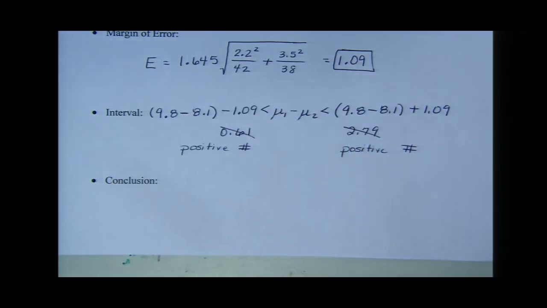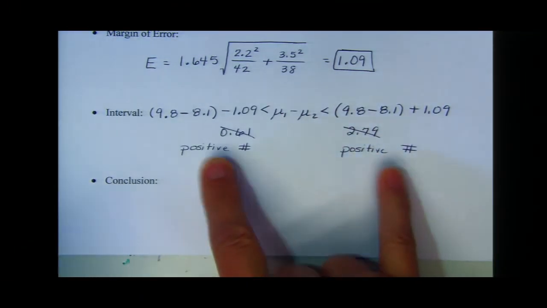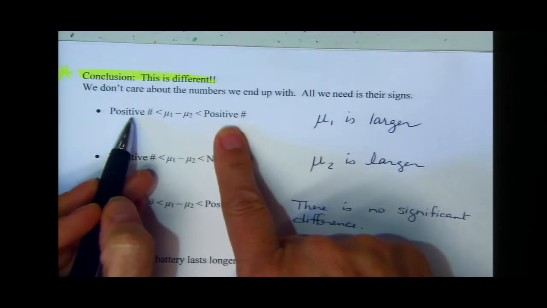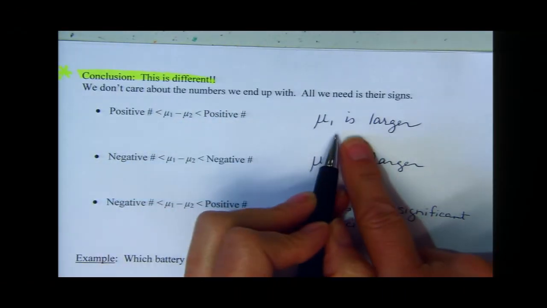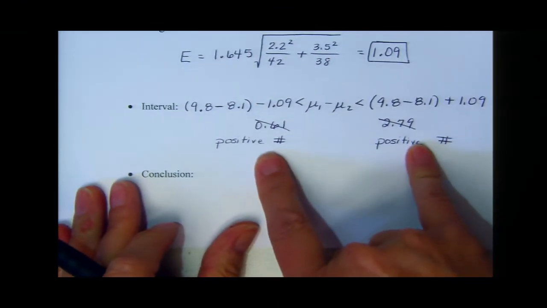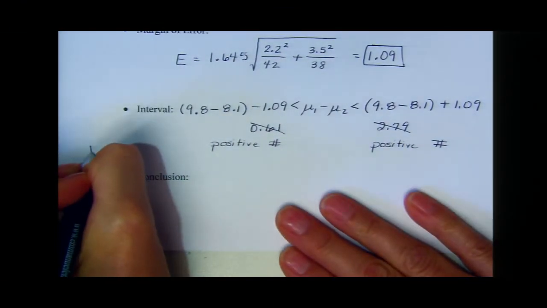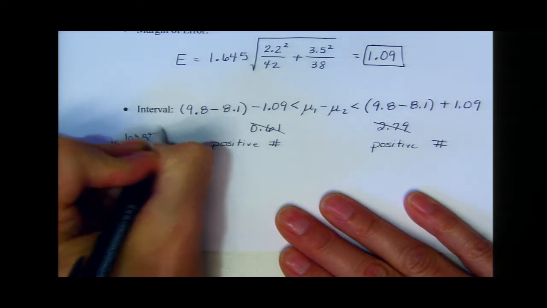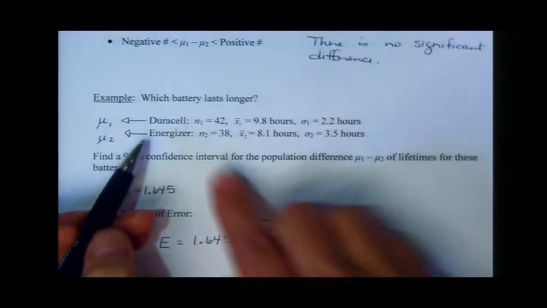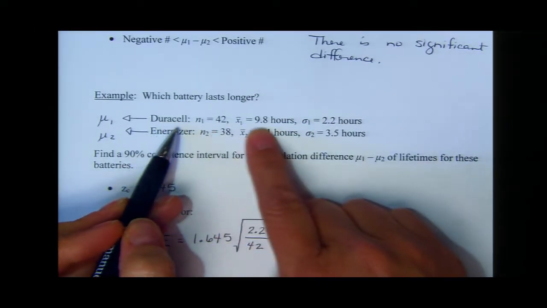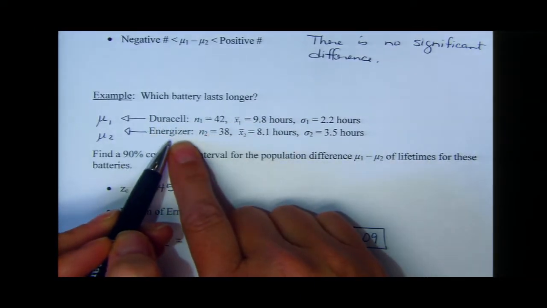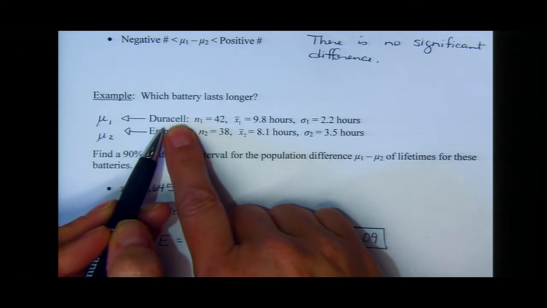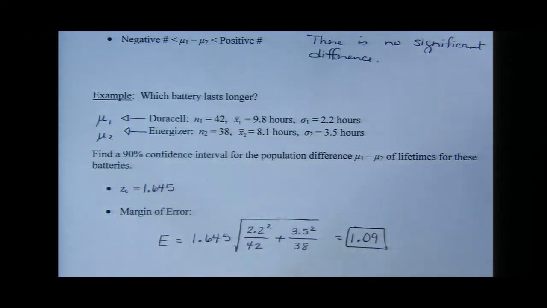Because if both come out positive, that forces mu1 to be larger. So since they're both positive, I'm going to say mu1 is larger. Now here's why that is important: mu1, Duracell, is larger than Energizer, so that tells me that Duracell lasts longer than Energizer.